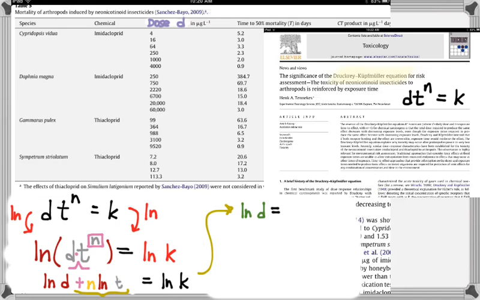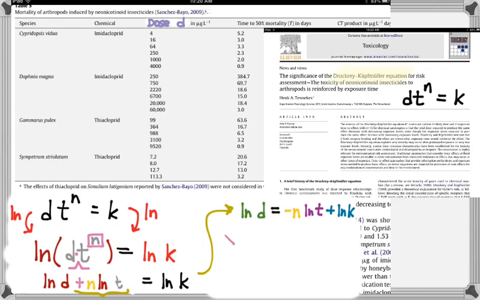And when I subtract that term, the n will become minus n times the natural log of t. And then our natural log of k will still be in the mix there. But because k is a constant parameter, remember, that natural log of k on the right-hand side is also a constant. So, to wrap this up, what are our linearized variables?